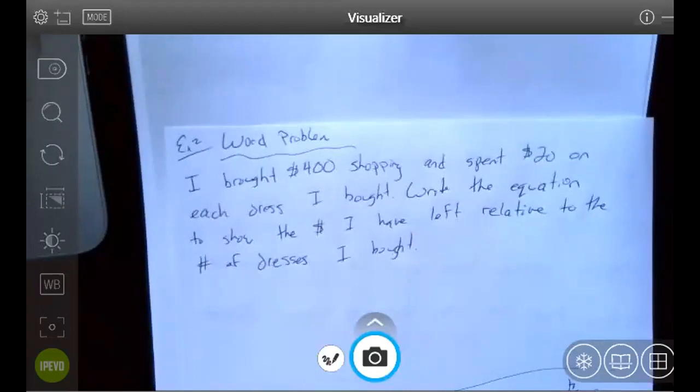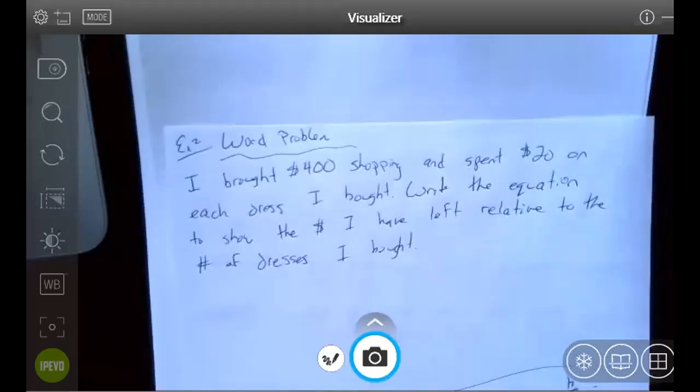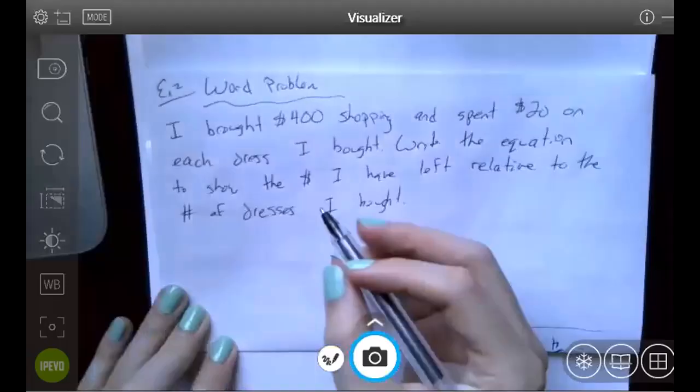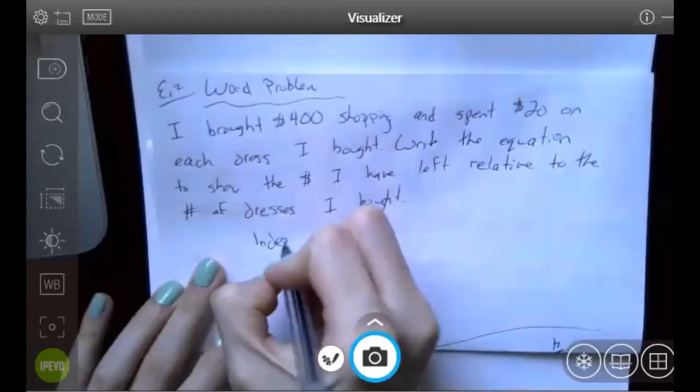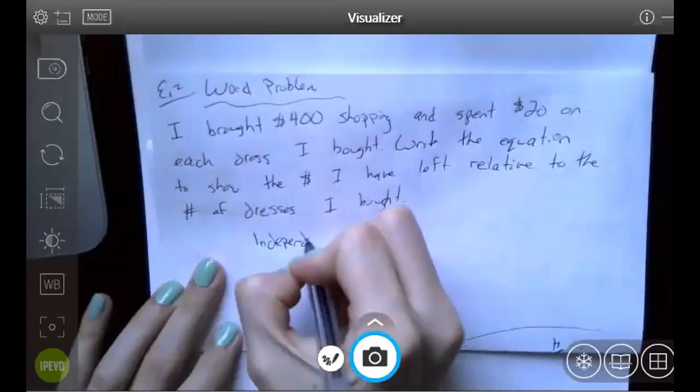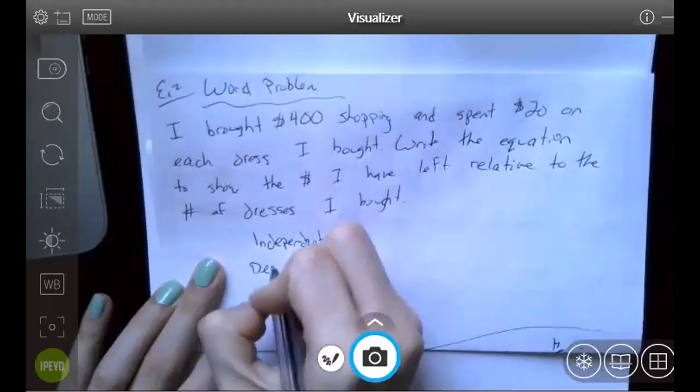So what we need to do is identify what is our rate of change, what are our two variables, and what is the initial amount. So we'll start by looking at what were our two variables. Okay, so we'll start by identifying our independent and our dependent variables.